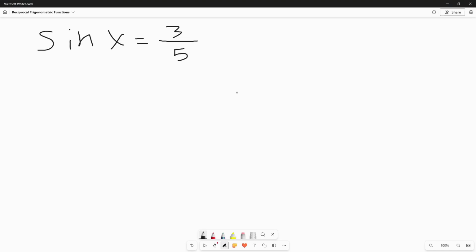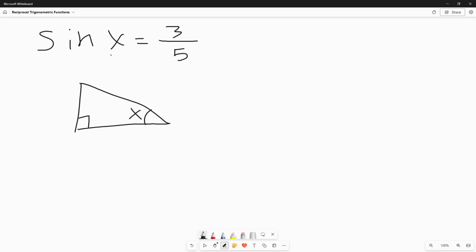And now, if we were given sine of x equals 3 over 5, and we need to find cosecant, secant, and cotangent of x, we shouldn't do anything with the unit circle or anything with the reciprocals. But first, we should draw a triangle and label one of the angles as x, and then label the sides accordingly.